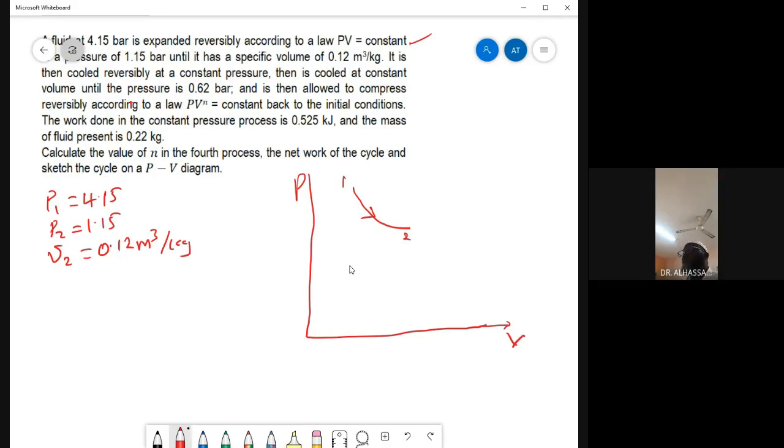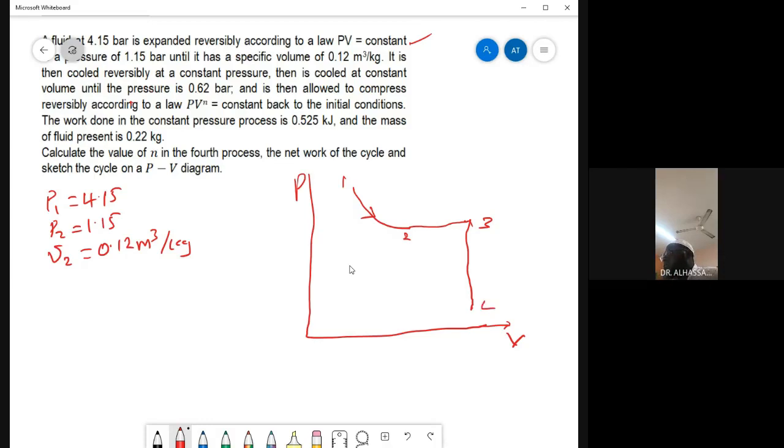It is then cooled reversibly at constant pressure up to state 3. Then it is cooled again at constant volume. Constant volume cooling means like this, up to the final volume.